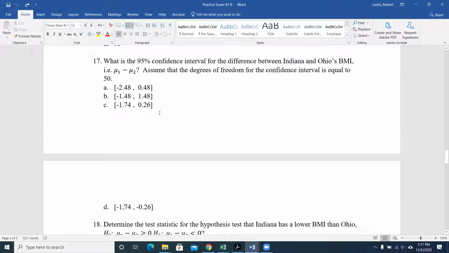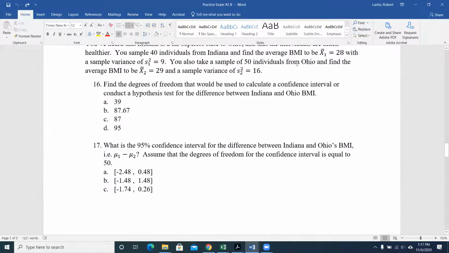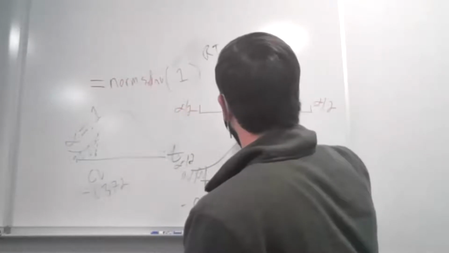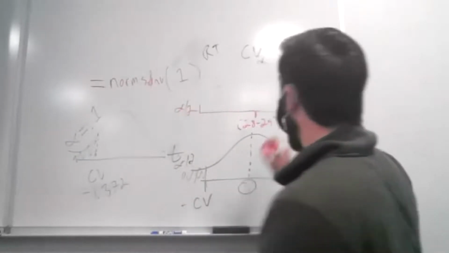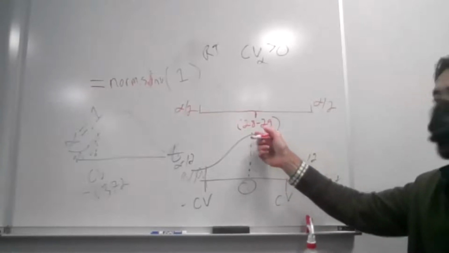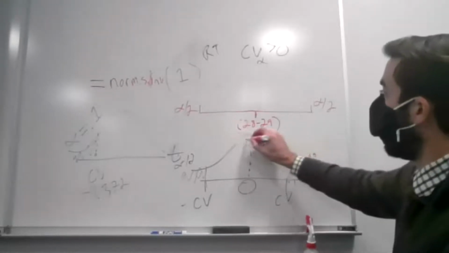Now, can I rule any of these answers out pretty quickly? My first group, I found 28. My second group, 29. I want the difference for group 1 minus group 2, or Indiana minus Ohio. So the sample difference I found was -1. What I'm doing with this confidence interval is basing it around whatever the difference in those sample means was. So this is -1.